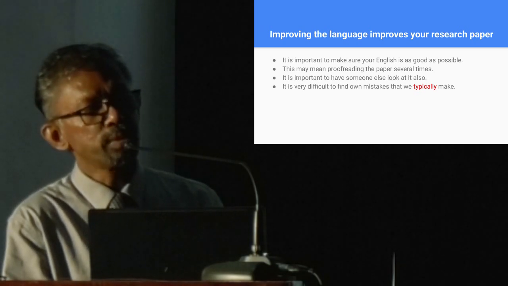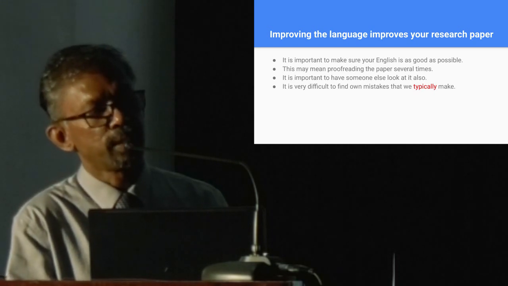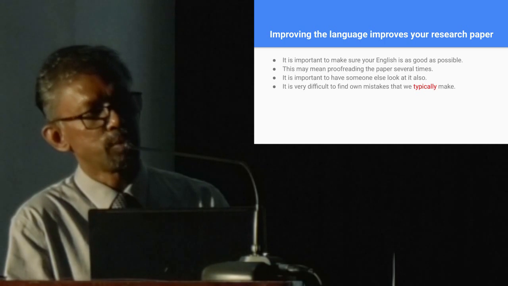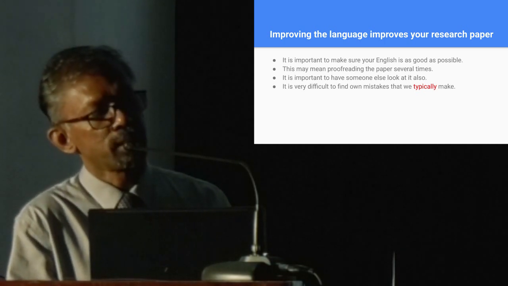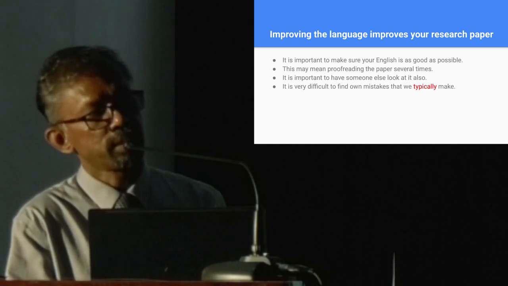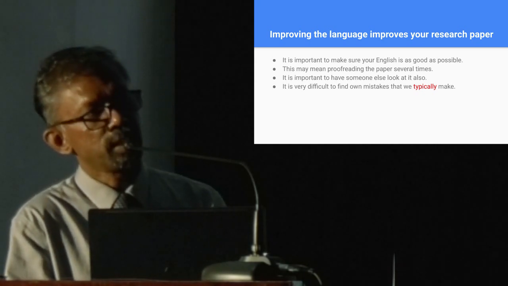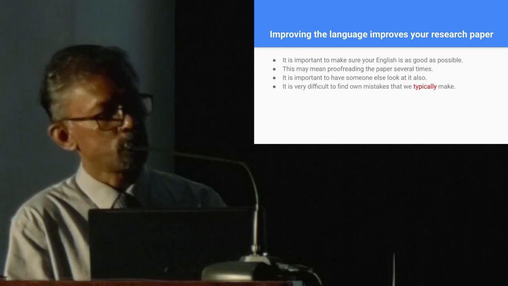There are online tools which are available to improve your writing. So you can even use Google tools to improve the writing skills, and then there are other tools like Grammarly, which are specifically designed to improve writing in particular domains like research papers.